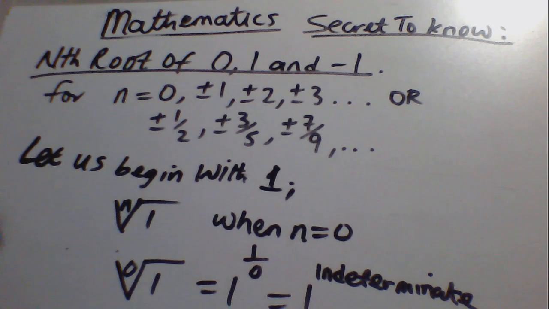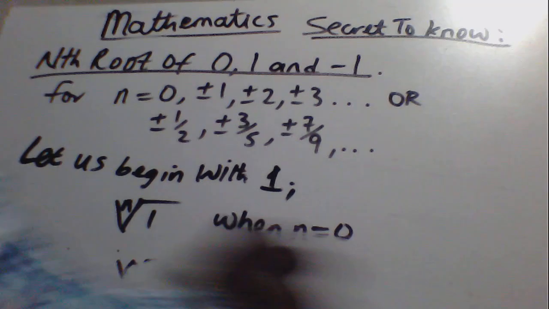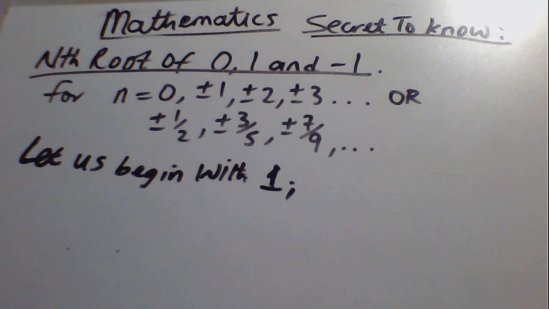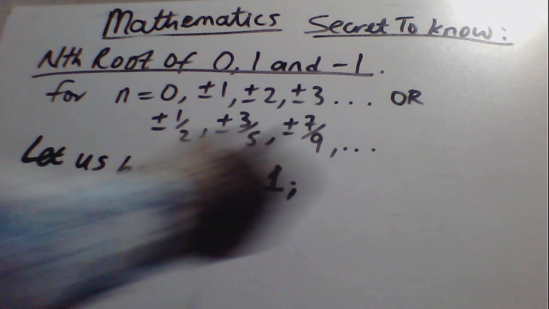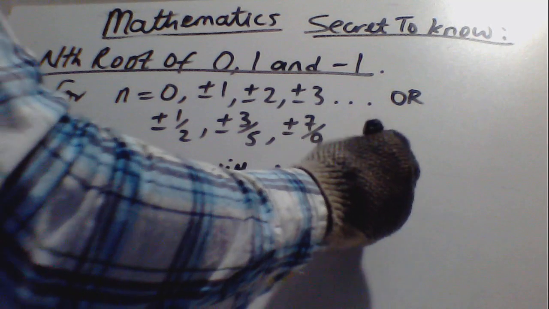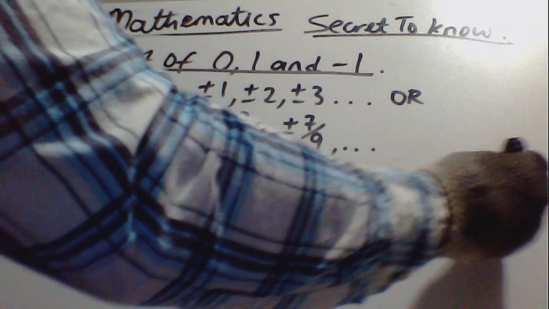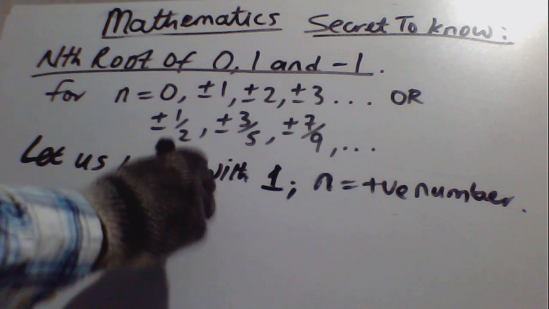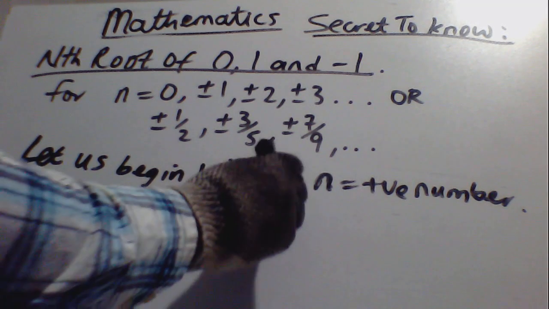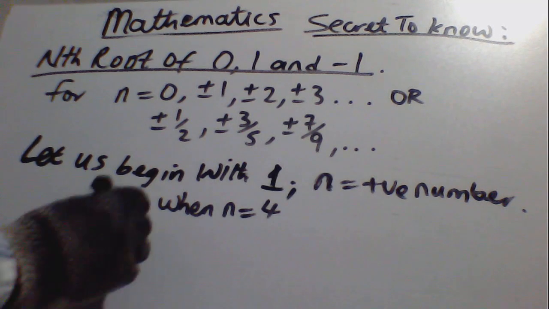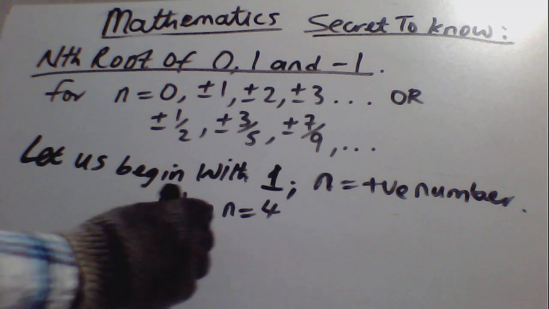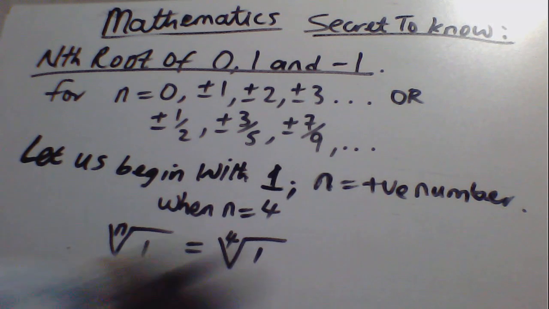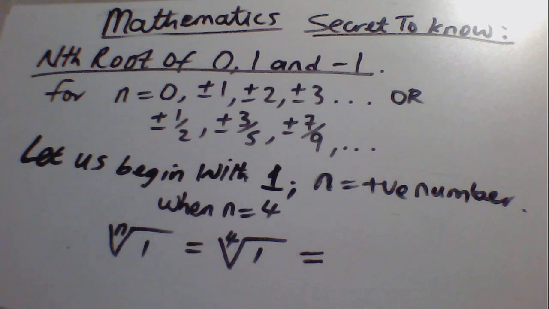But when n is a positive number, what happens? Let's say when n is equal to 4, we have the nth root of 1, and then we have 4 here, because n is 4, is it not?